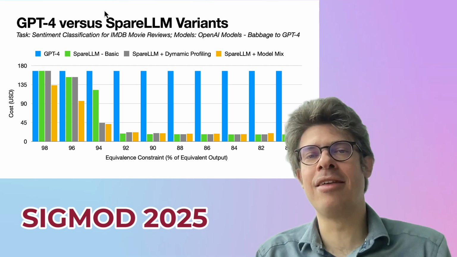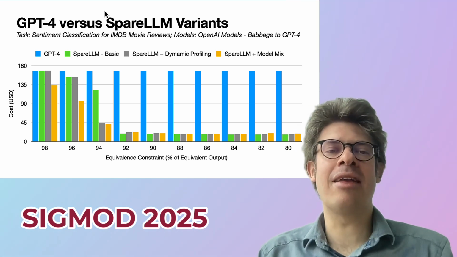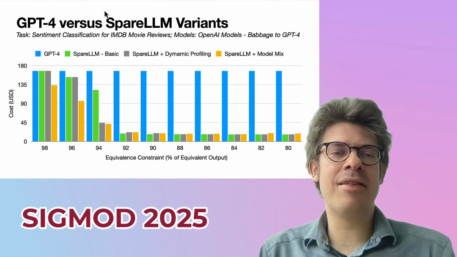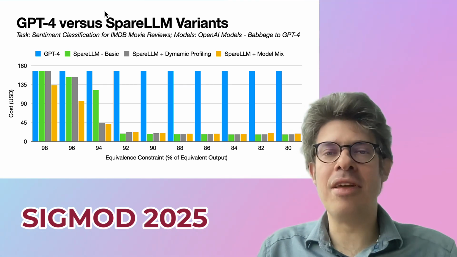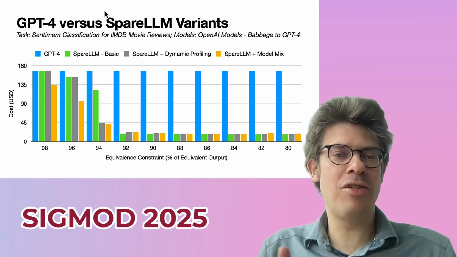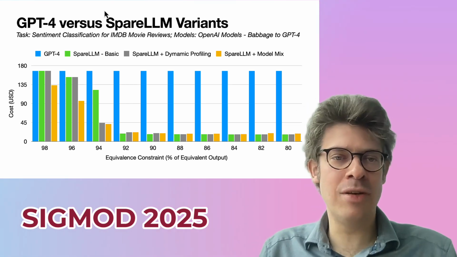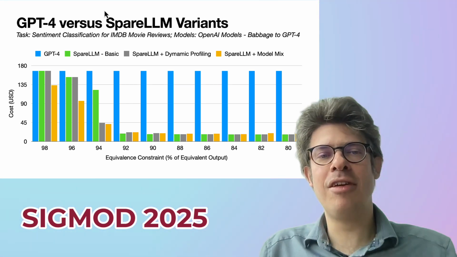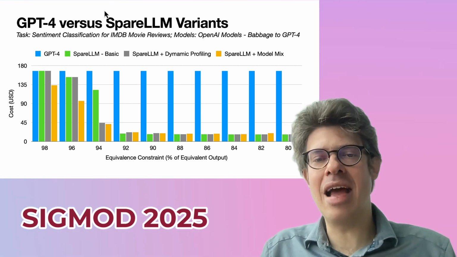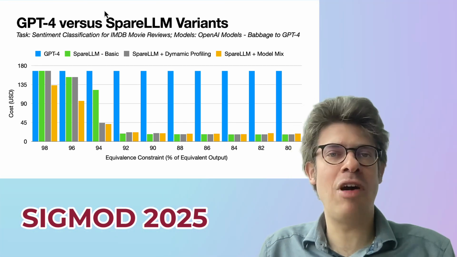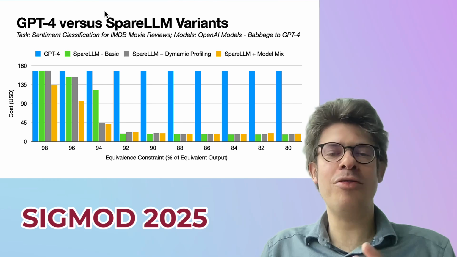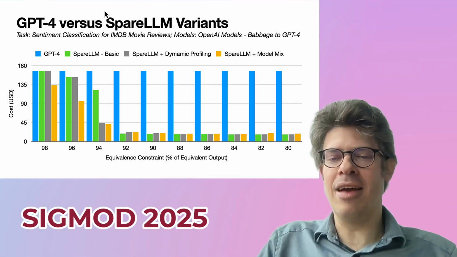And on the y-axis you have the costs that we get with different variants of the SpareLLM architecture, and using GPT-4 everywhere, which is of course the most expensive version. On the other side, as you use the different variants of SpareLLM, if you use those different techniques that I have described on the previous slides, then using more of them makes things cheaper.